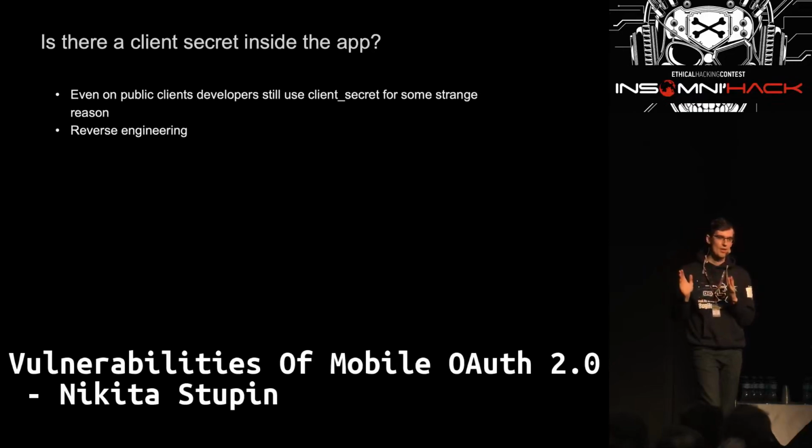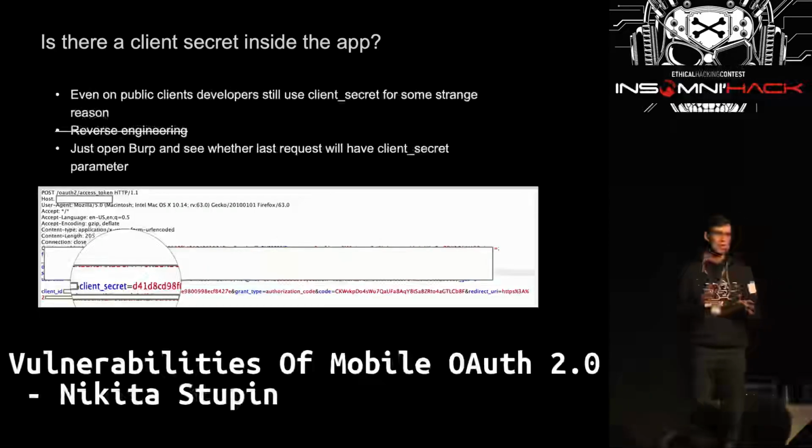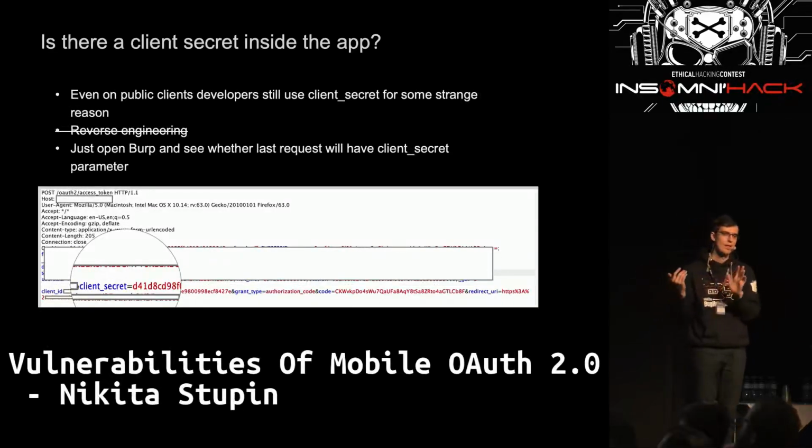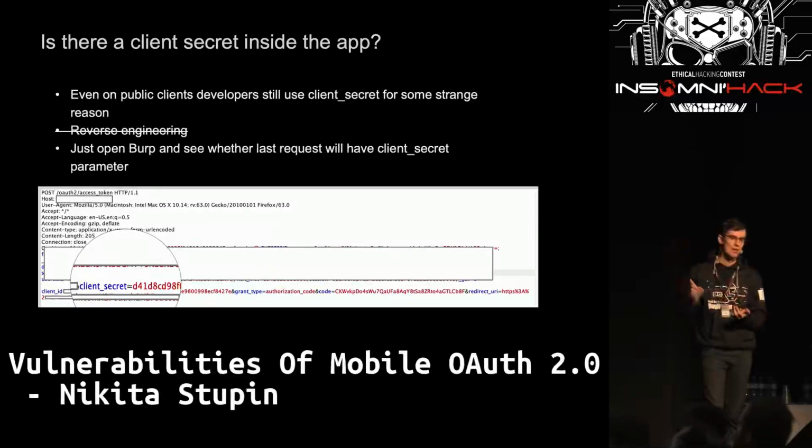You can check whether a client secret is hard-coded by reversing the app, but I suggest a little bit easier approach. Just open Burp, see the last request when the authorization code is exchanged for an access token, and 99% of the time, if the client secret is hard-coded into the app, it will be in this request.